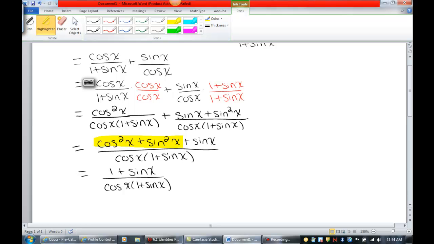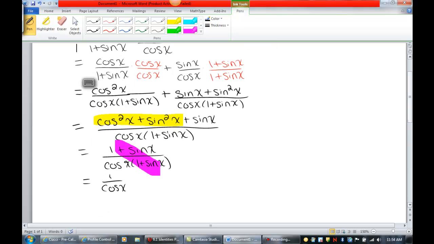Now something very nice happens here. 1 plus sine x and 1 plus sine x are going to simplify to be 1. And I'm going to have 1 over cosine x after that simplifies. And we know that 1 over cosine x is equal to secant x. Okay? Alright, so we were able to add and simplify.